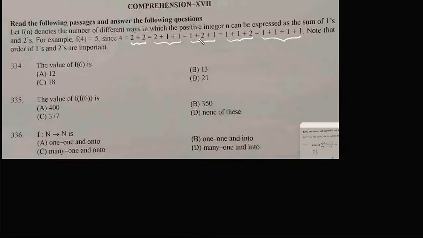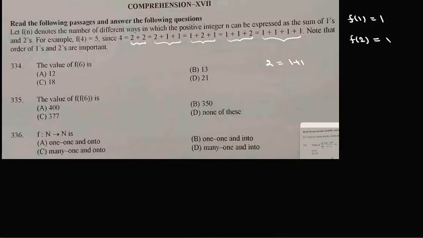So this Fn counts all the ways of writing a number as a sum of 1s and 2s, taking their order into account. Now if we look at F1, F1 is 1, and if we look at F2, we can write 2 as either 2 or 1 plus 1.